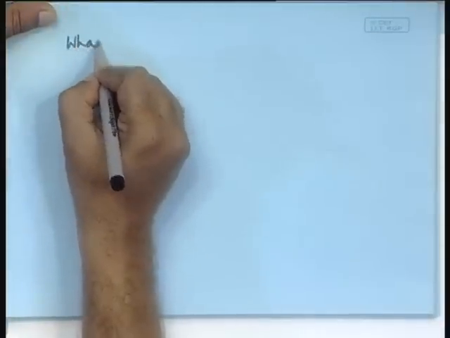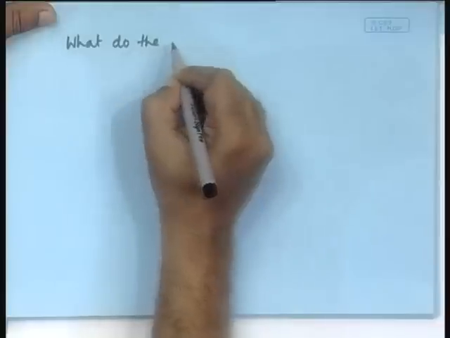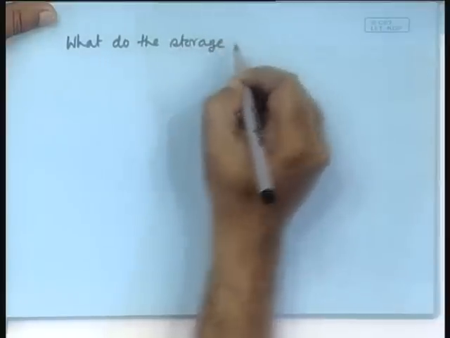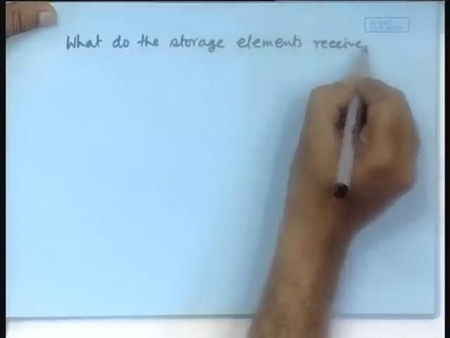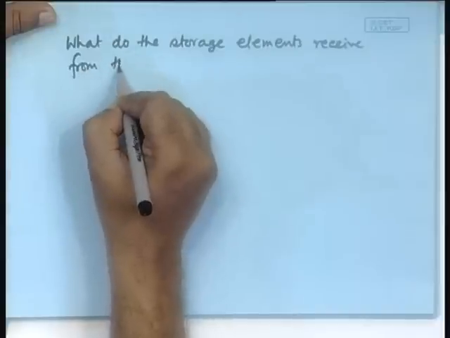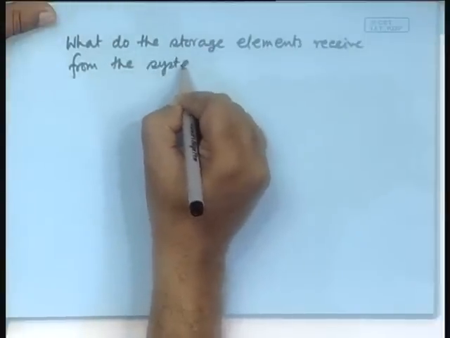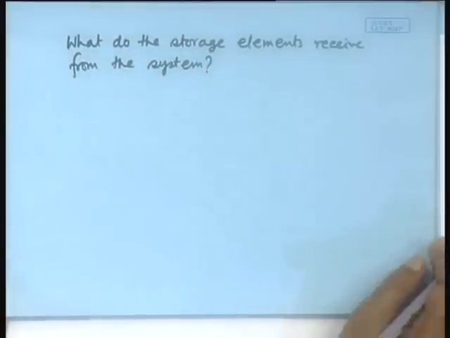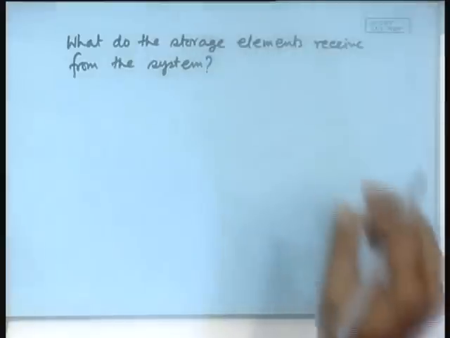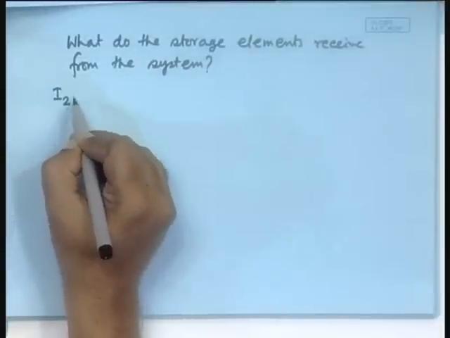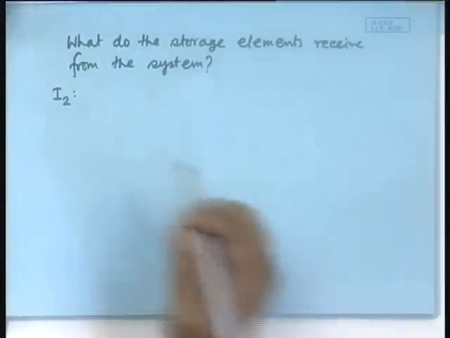Now, let us ask the second question. First, let us ask this question to I in bond 2, I2. What does it receive from the system?